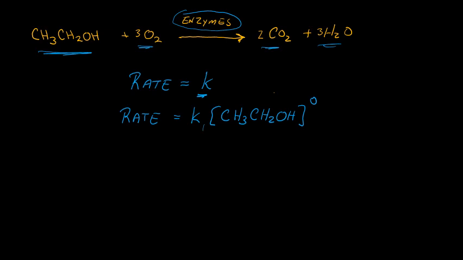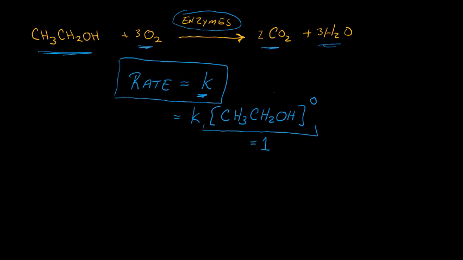Because anything raised to the 0 power is equal to 1, right? And rate equals k is the same as rate equals k times 1. Okay. So when you have one of these rate laws that just looks like this, and there are no chemical species in the rate law, then you can think of that as including the chemical species, except that the exponent on the chemical species is a 0.